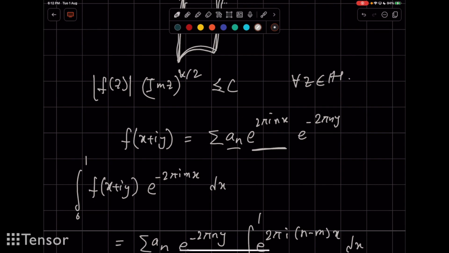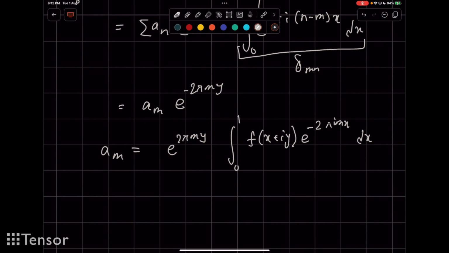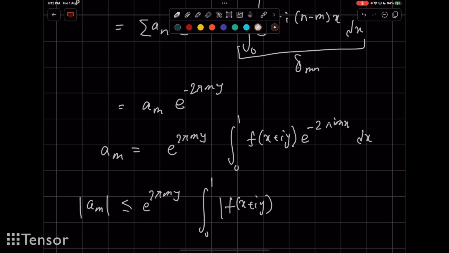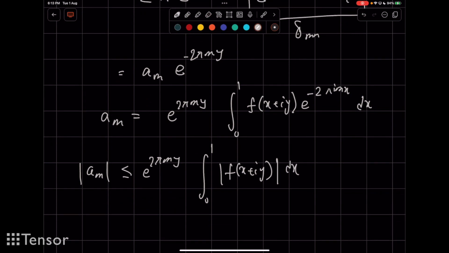We know that this is bounded, so let's take the absolute value on both sides. So the absolute value of am is smaller than e to the 2 pi my times the integral from 0 to 1 of the absolute value of f of x plus iy, and the absolute value of the exponential is 1.